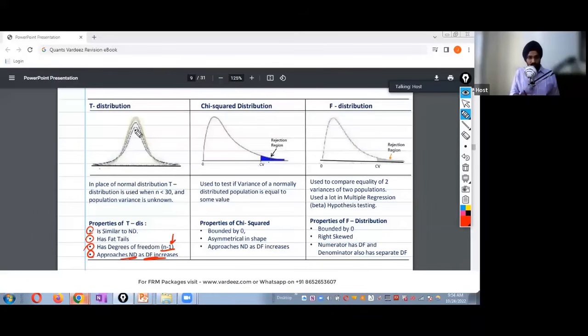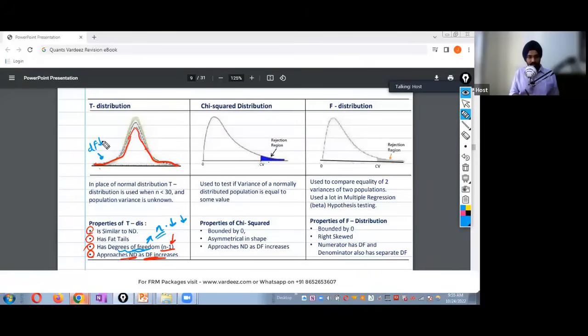Okay, so if you just see this blue line here, it's got a lot of fat tails, because the degrees of freedom is dependent on n, right? So if the n is low, the degrees of freedom will be low. So as the degrees of freedom is low, it's going to look like this.